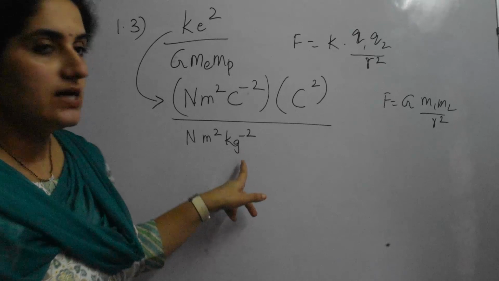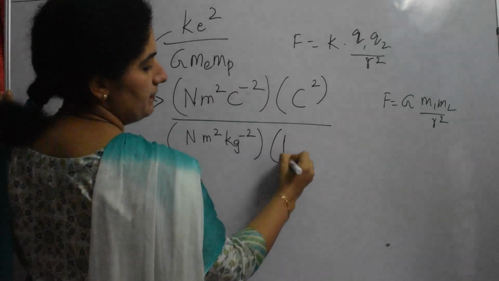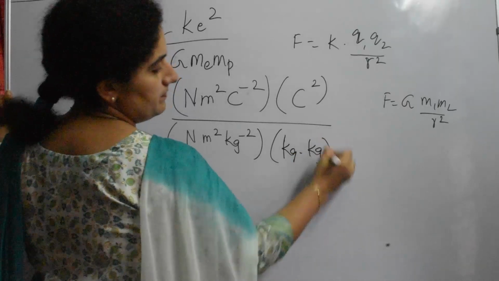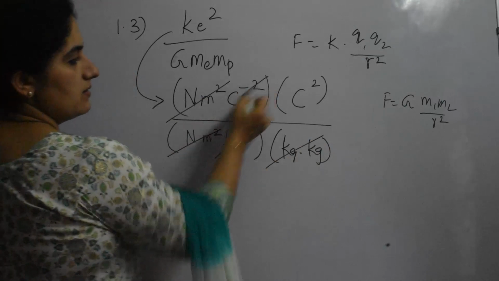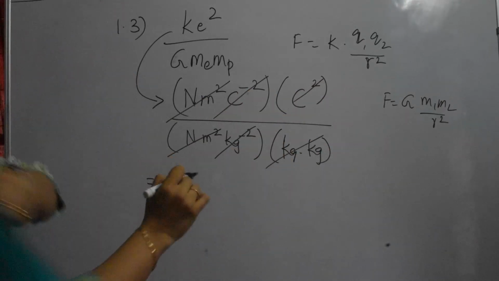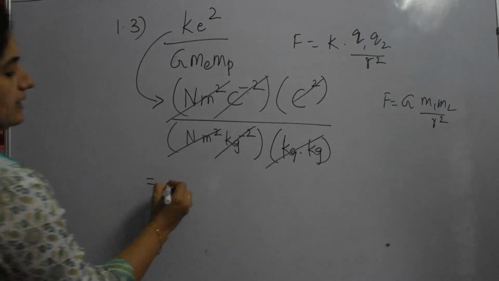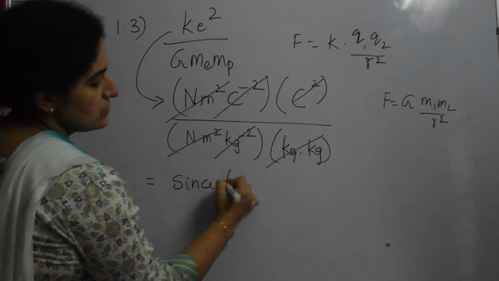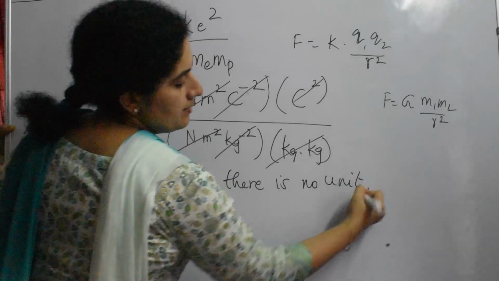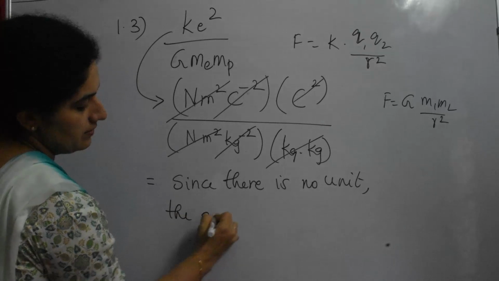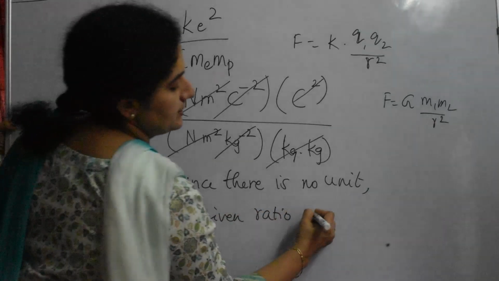So Newton meter square per kg square into me and mp, kg into kg. So this will be cancelled, Newton meter square. So this is what? Unitless. The ratio has no unit, so it will be dimensionless. Since there is no unit, the given ratio is dimensionless.